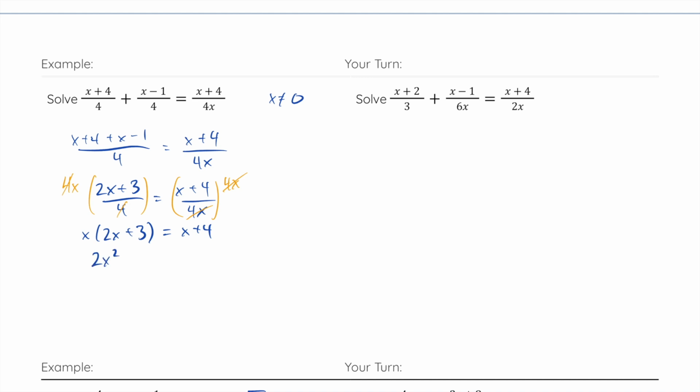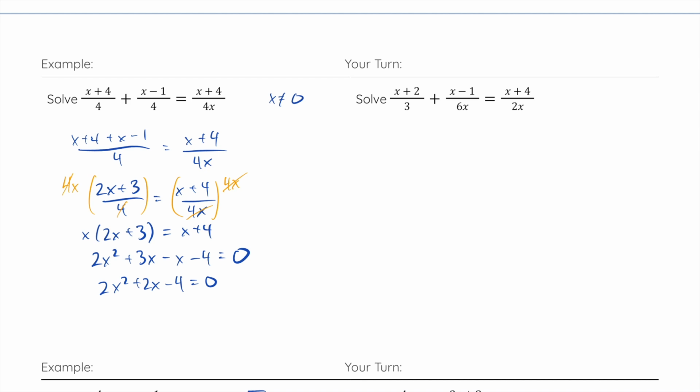So we got 2x squared plus 3x, and we're going to subtract x and subtract a 4. I'm going to do that in one go. So we have 2x squared plus 2x minus 4 equal to 0.